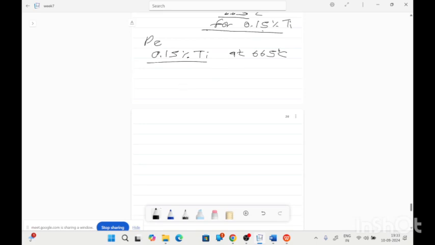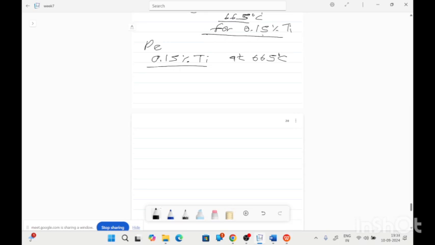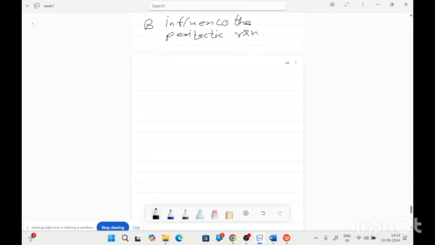So to further modify this peritectic theory, boron is also added, which influences the peritectic reaction and also causes a shift in composition.